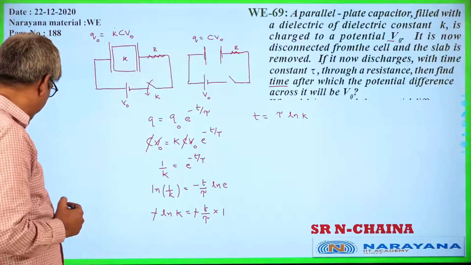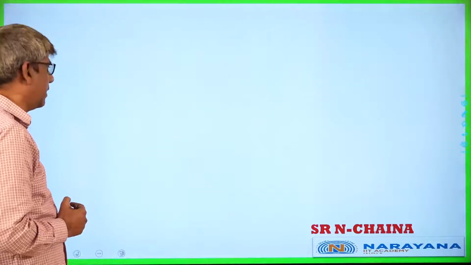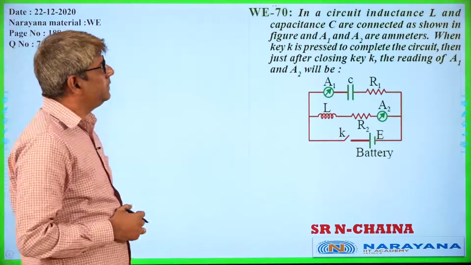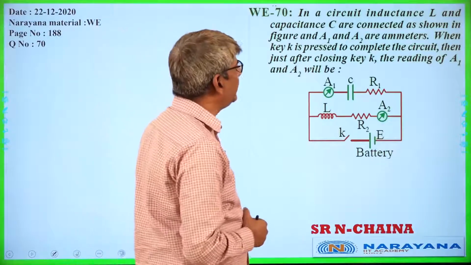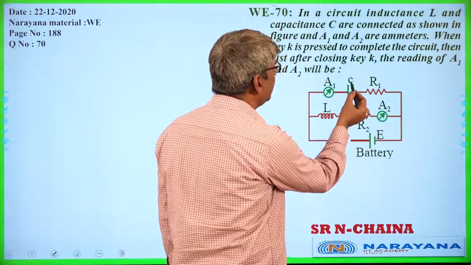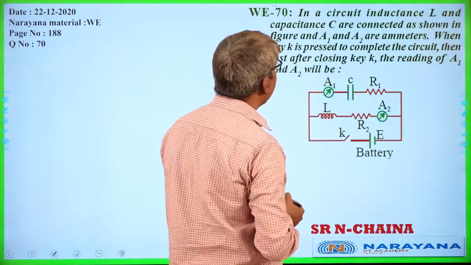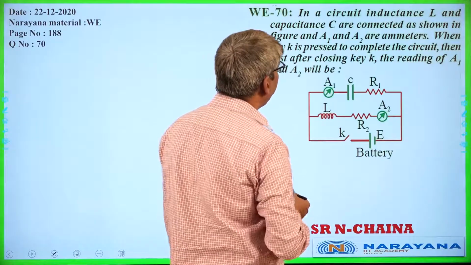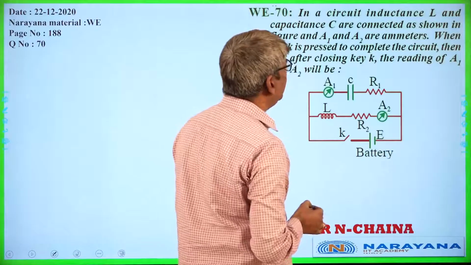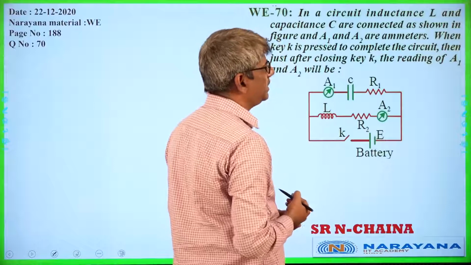Next problem. Here, in a circuit of inductance L and capacitance C, here the inductance is present, here the capacitance is present. As shown in the figure, two ammeters, A1 is one ammeter, A2 is another ammeter, are connected.